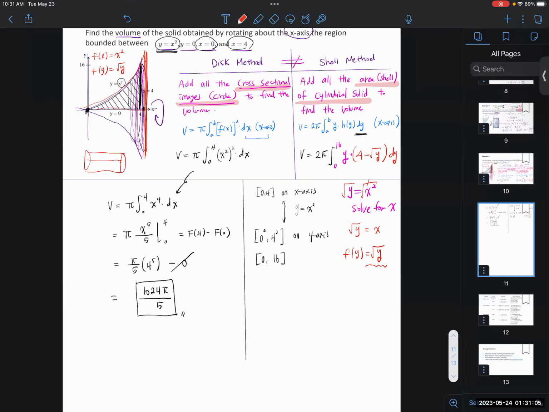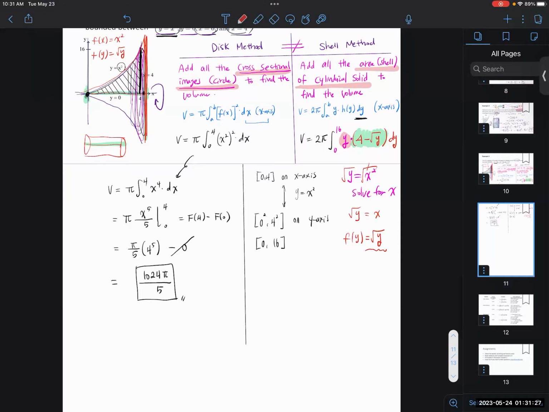Think about it: this is the radius of the circle, and this is the height of that cylinder, from here to here. We know the function is radical y, but you stop at 4. So 4 minus that is the given height, which we can utilize.